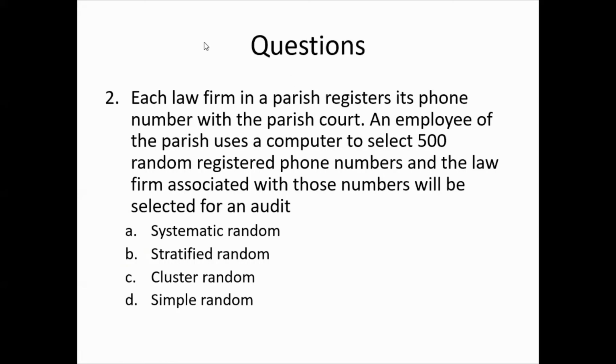Each law firm in a parish registers its phone number with the parish court. An employee of the parish uses a computer to select 500 random registered phone numbers and the law firm associated with these phone numbers, right? What is the type of method we're using, guys?